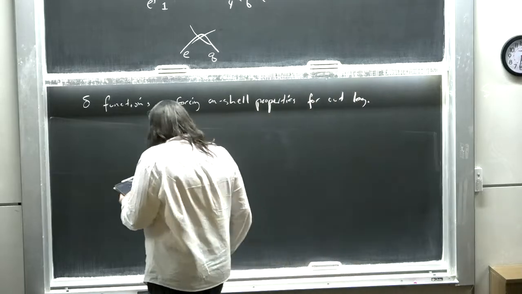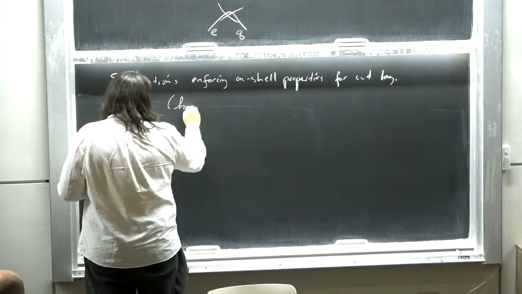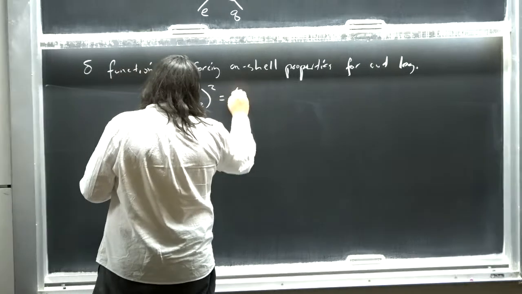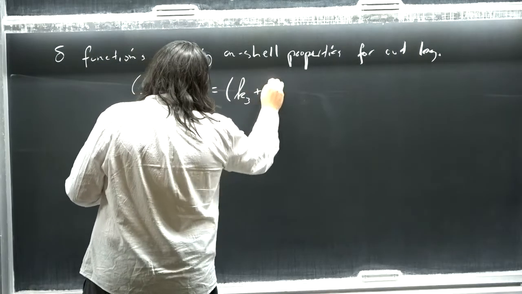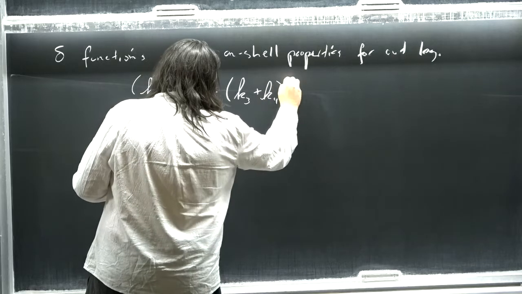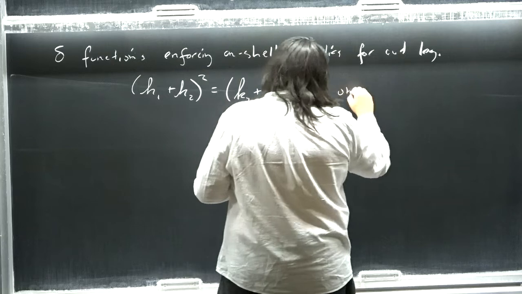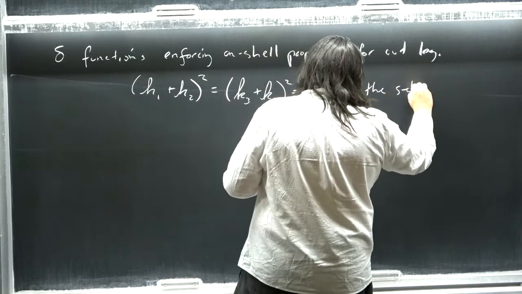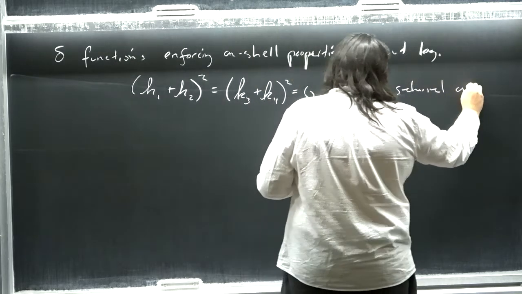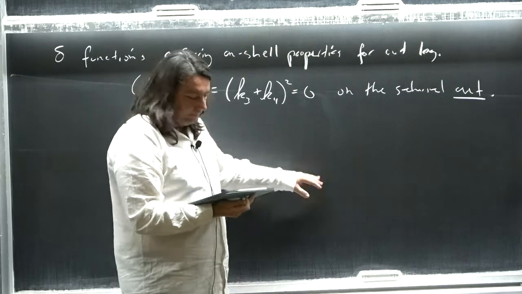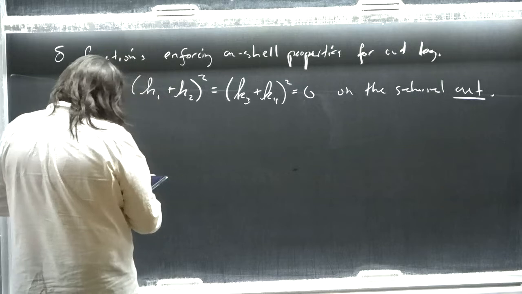And so what's true is (k1 + k2) squared equals (k3 + k4) squared equals 0 on the cut, the s-channel cut. Okay? Yeah? Good.